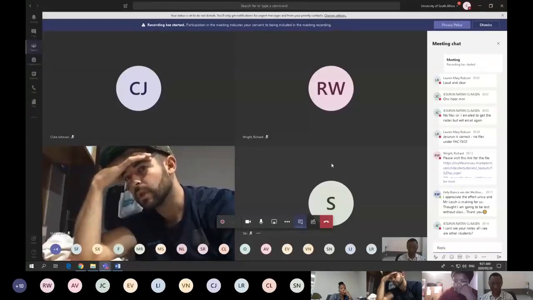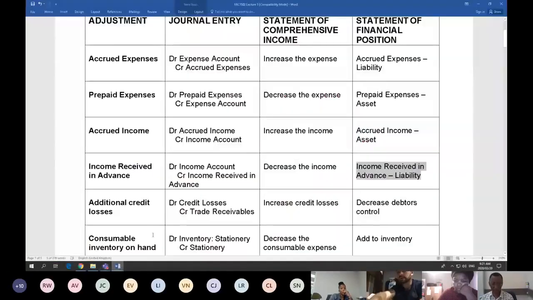Right. We are back now, guys, to our notes, and we take a look at our next adjustment. Our next adjustment is where we work with additional credit losses.